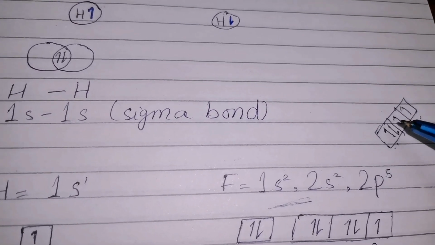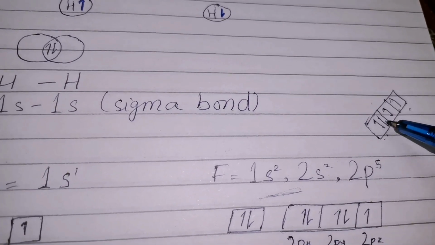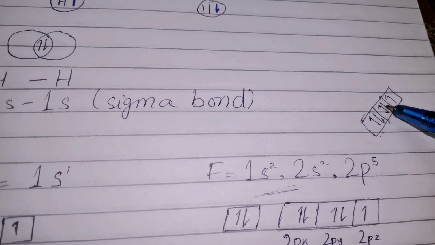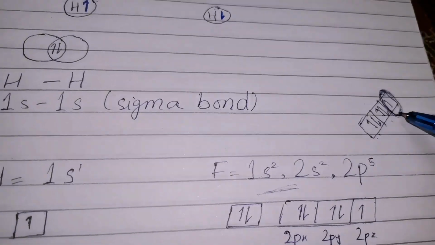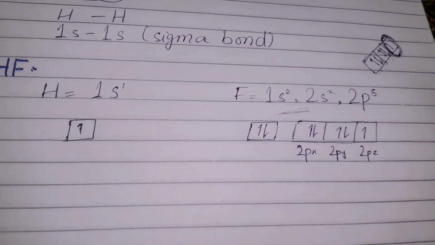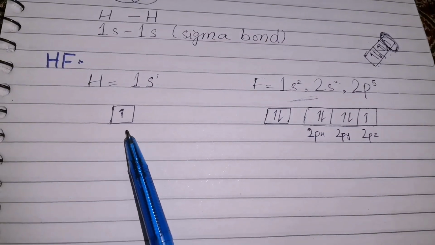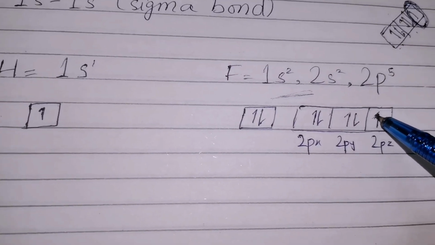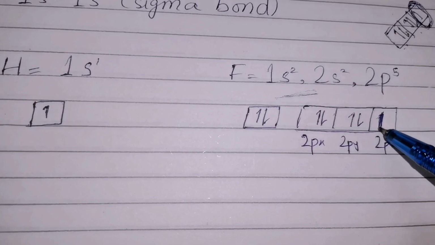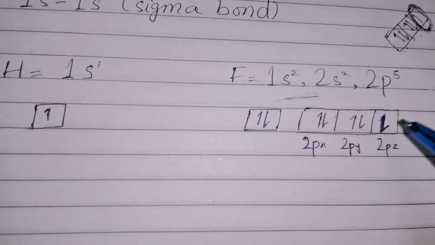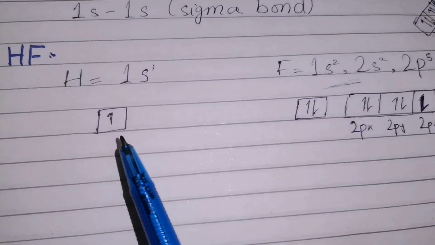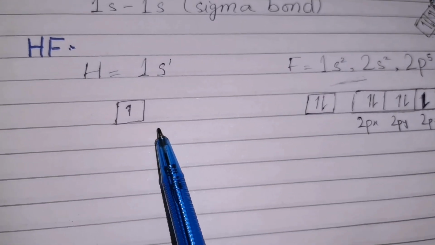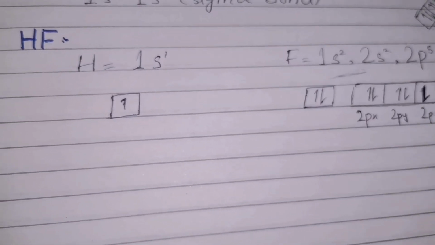Now how many electrons have we filled? 1, 2, 3 and 4. So we will draw another electron over here. It is the only half-filled electron, and in hydrogen we have one half-filled electron. So here we will draw this half-filled electron in the opposite spin, because for the overlapping we should have electrons in the opposite spin.